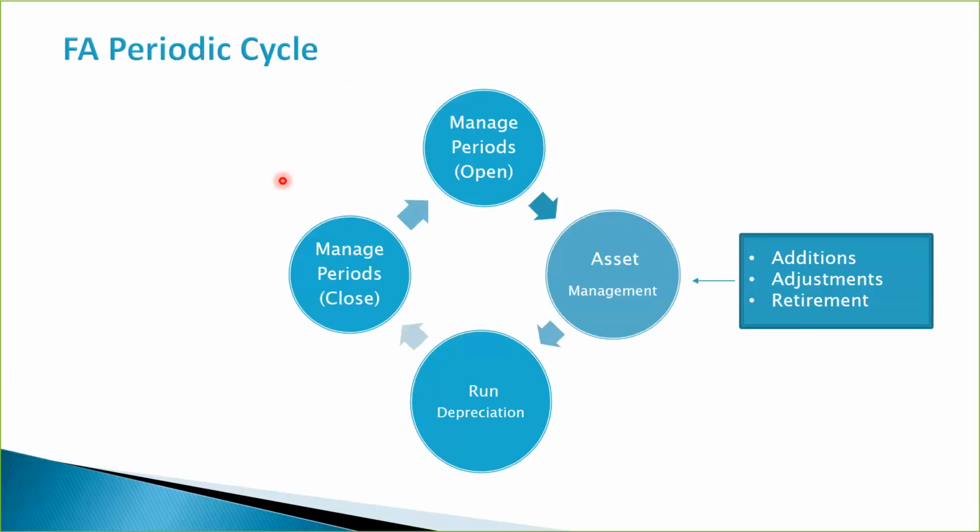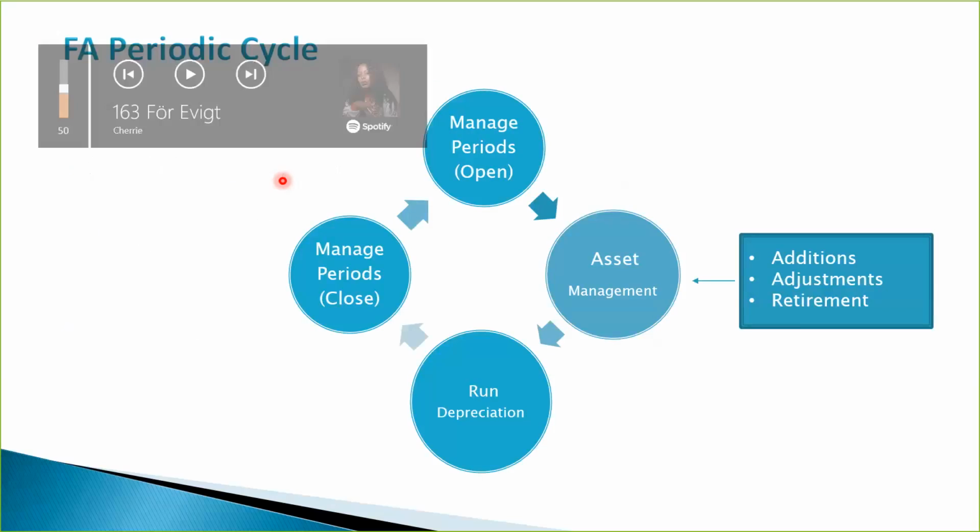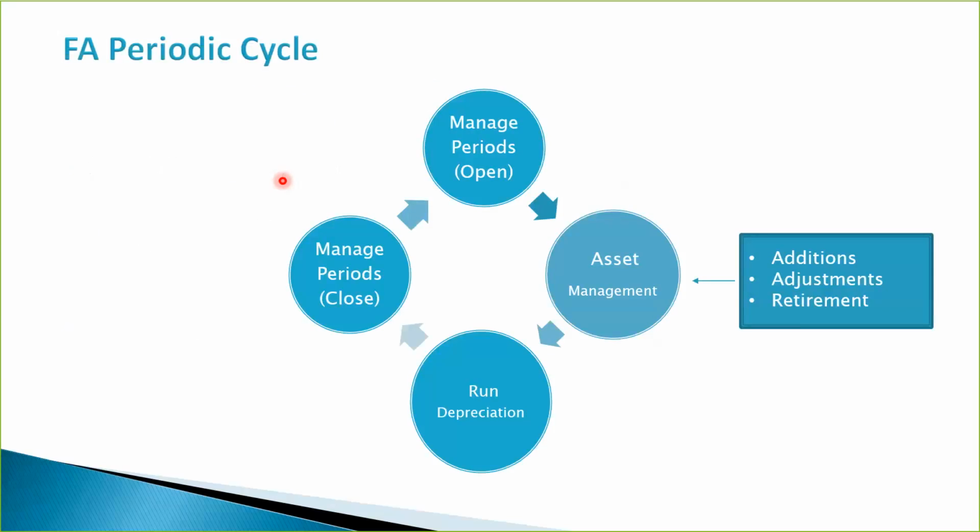So how do they fit with the periodic cycle in FA? This is what we can show as the periodic cycle. You open periods, you manage periods. Once you manage periods, you could carry out any of these asset management activities that we've talked about: additions, adjustments, retirement.